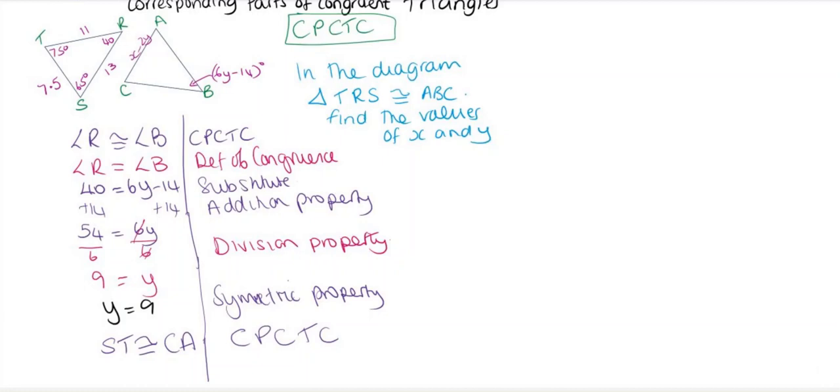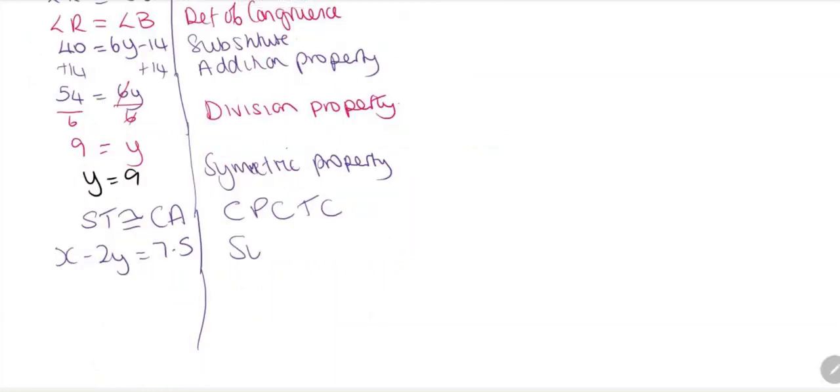And then if we say x minus 2y, this is equal to 7.5. So by substitution, we are going to substitute in the values. So we just found our value for y, and we can work out x.